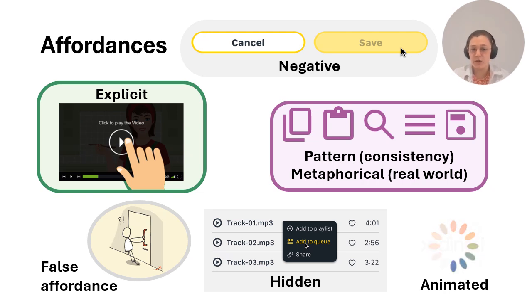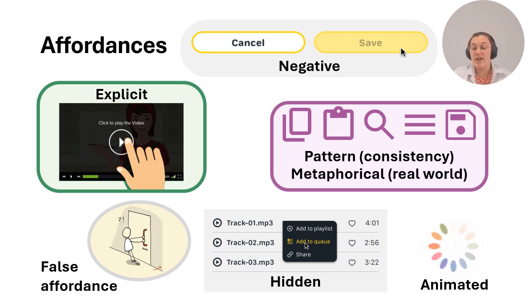For example, having a clipboard for pasting information, so you can imagine you're adding information onto your clipboard. Having the search icon be a magnifying glass, so you're looking into something in front of you, and a floppy disk to save anything.